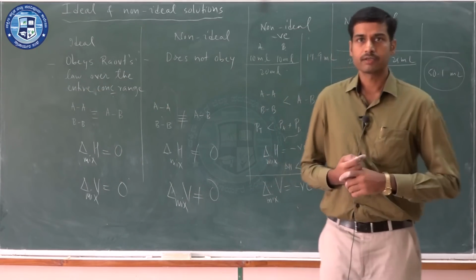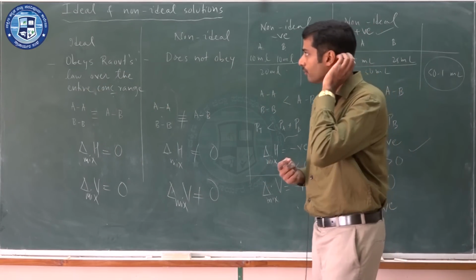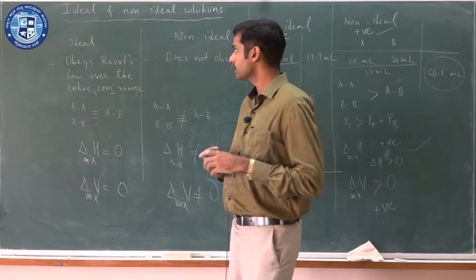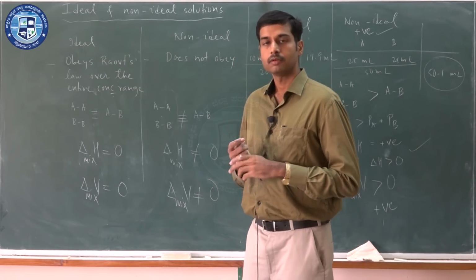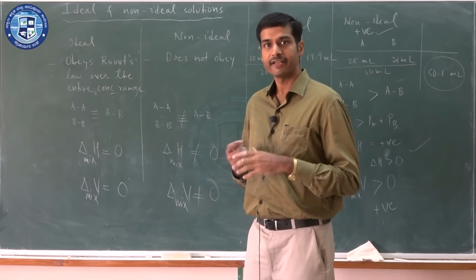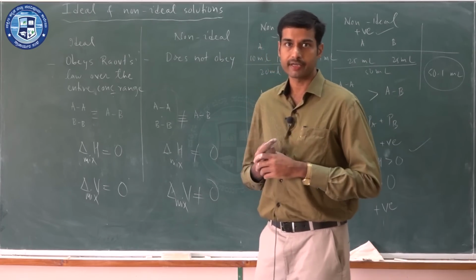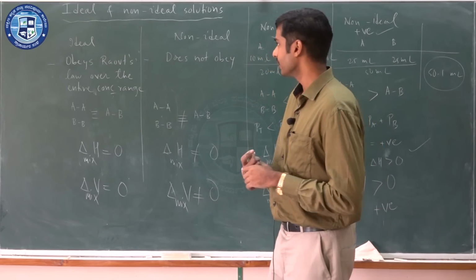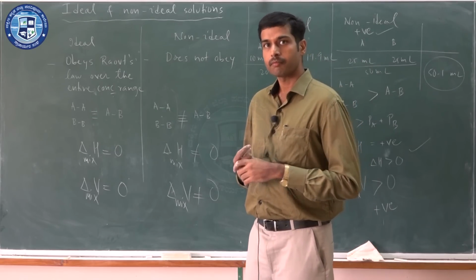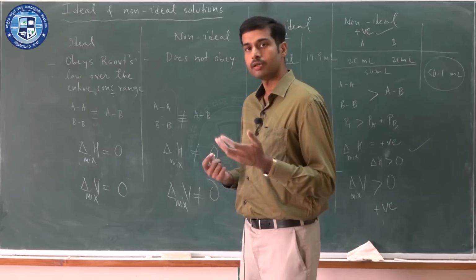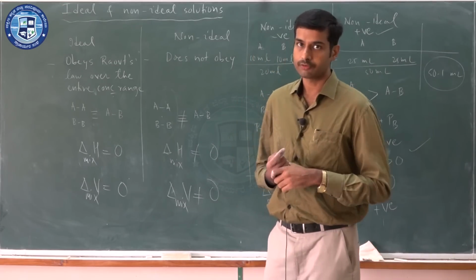A very important section for exams, you might have to understand this section in the following way. One is the definition, what is an ideal solution, what is a non-ideal solution, it obeys Raoult's law, does not obey Raoult's law. The second part would be the characteristics of each one of these.